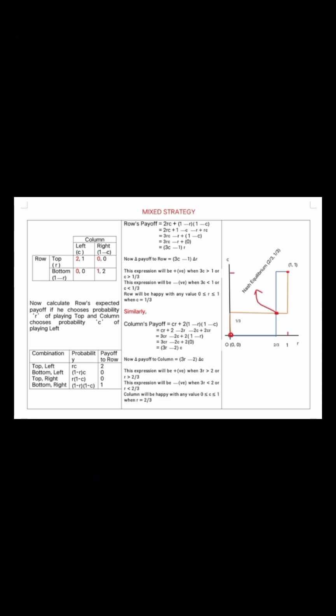The other two points, 0, 0 and 1, 1, are pure strategies, whereas the third point, 2 by 3, 1 by 3, is the Nash strategy, and hence Nash equilibrium occurs at the point 2 by 3 and 1 by 3. So this is all about mixed strategy. Thank you.